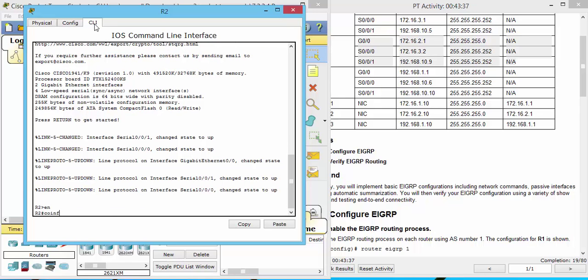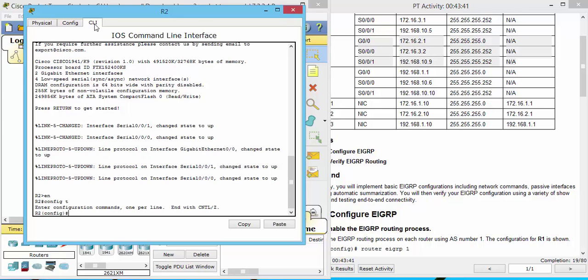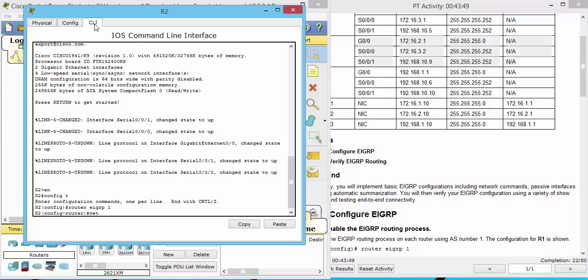Enable, config t. We type router EIGRP 1. We type network.